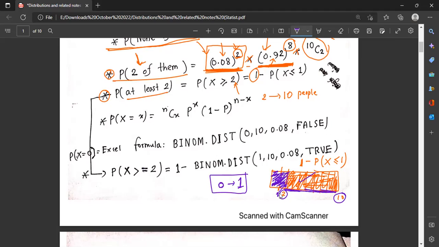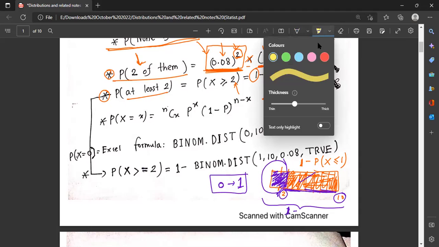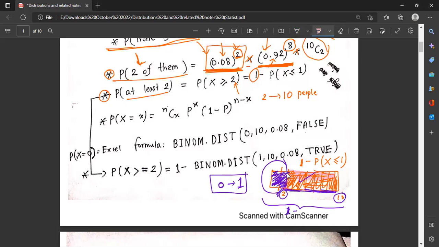So we say that the whole part is 1, or the total probability, and then we minus this part. Then we get this part, right? This part is for at least 2 of them being colorblind.